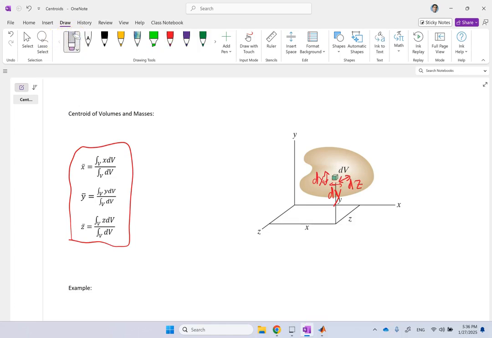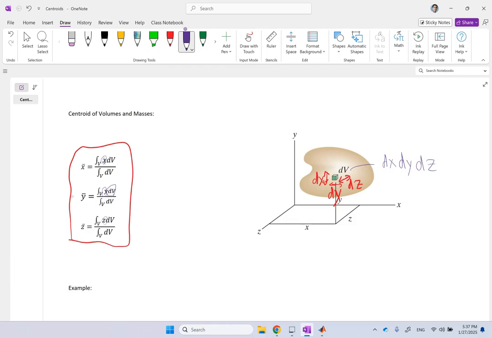Okay, so your dV element in this case is clearly dx times dy times dz, but moving that small element all over the volume and sweeping that is not easy. So we typically pick the shape of dV such that when we calculate these integrals, we can keep the other variable, x or y or z, constant.